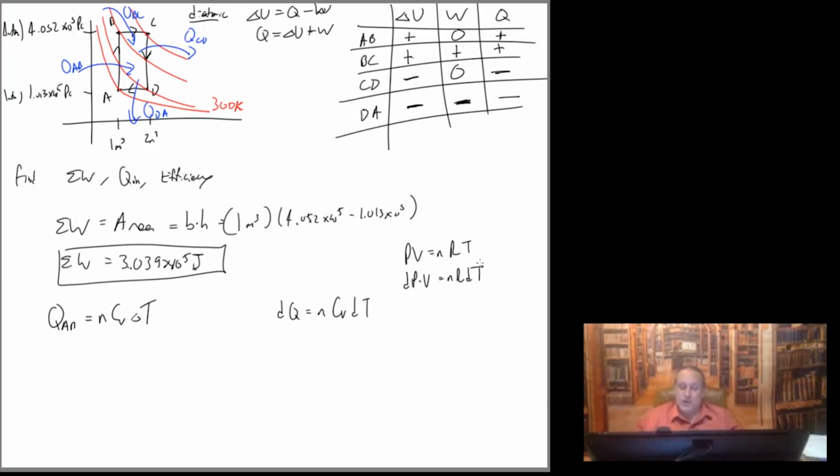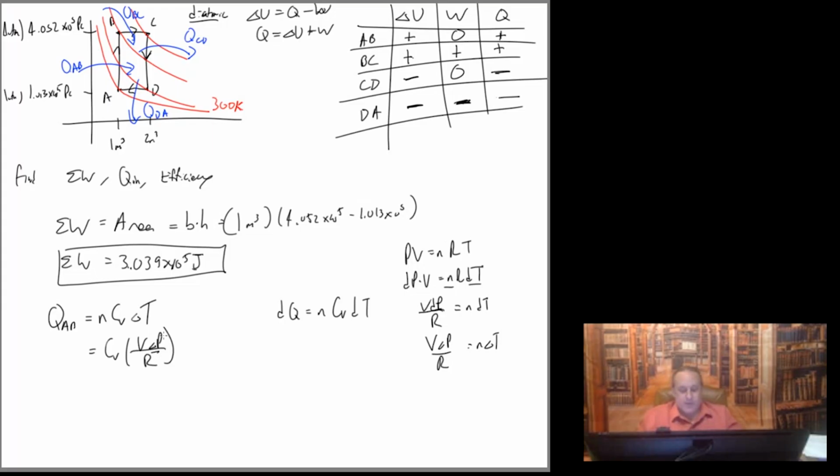So what I could do is replace the n and the dT with V dP over R. And that means that V times delta P over R equals n times delta T. So I could rewrite this as CV times V delta P over R.